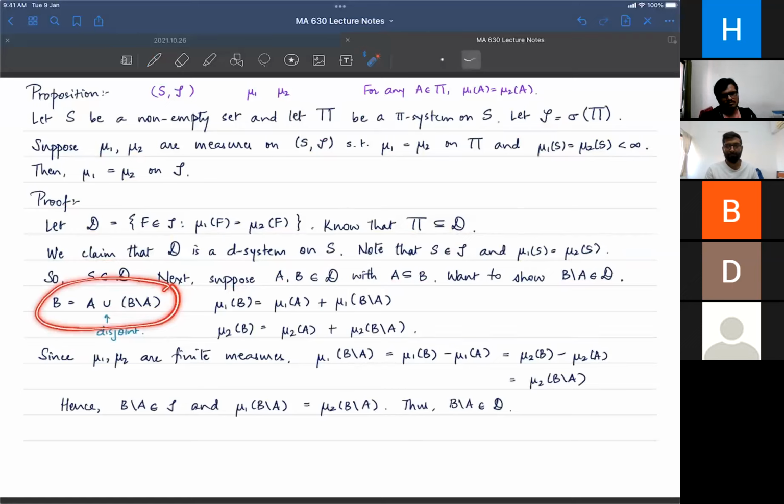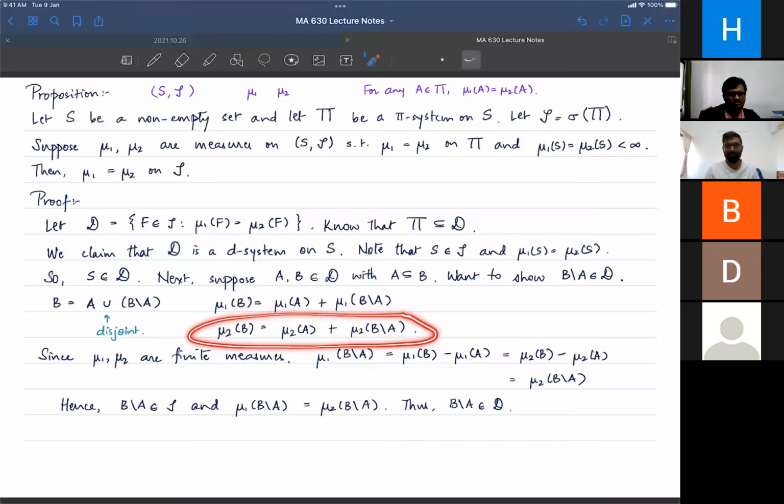Now, since this is a disjoint union, I can write mu1 of B is mu1 of A plus mu1 of B minus A. Measure of the whole is the sum of the measures of the parts. Similarly, mu2 of B is mu2 of A plus mu2 of B minus A. Same reason, measure of the whole is the sum of the measures of the parts. All right, now remember that mu1, mu2 are finite.